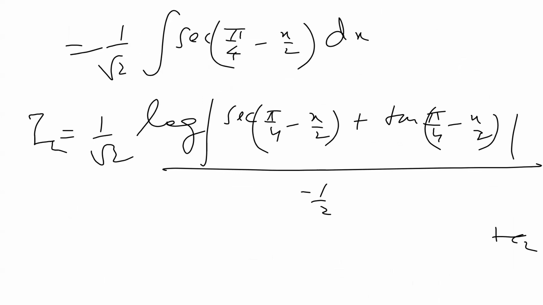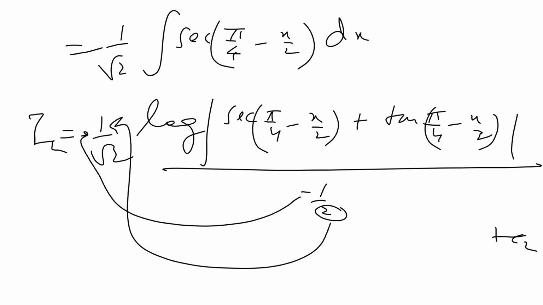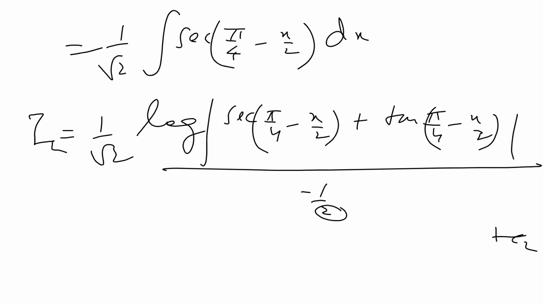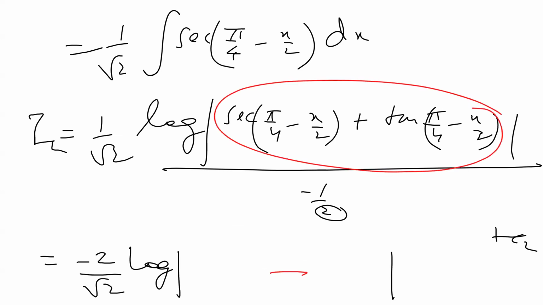Okay, this is I2. So this 2 you can take over here, and this minus sign over here. So minus 2 upon root 2 log mod, this entire thing over here, plus c2. This is your I2.